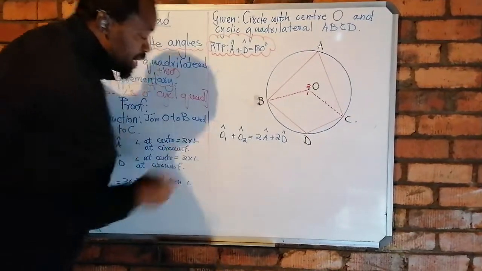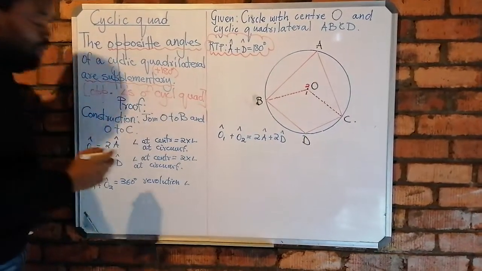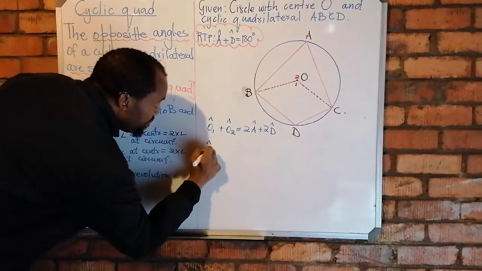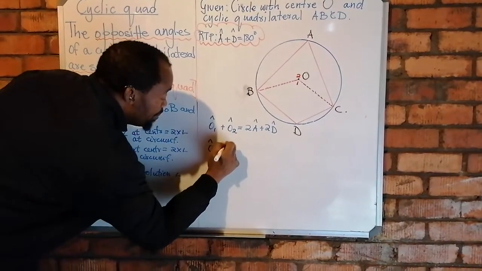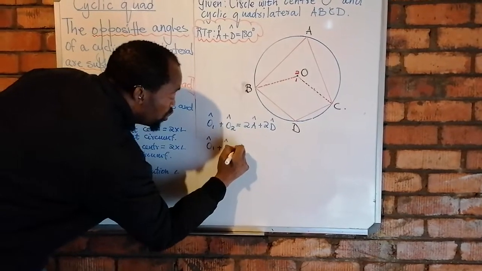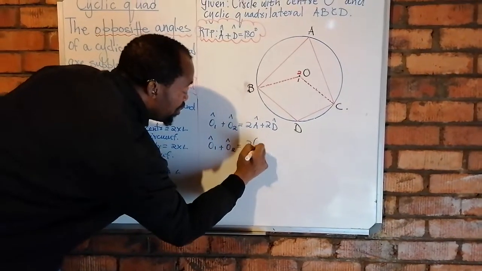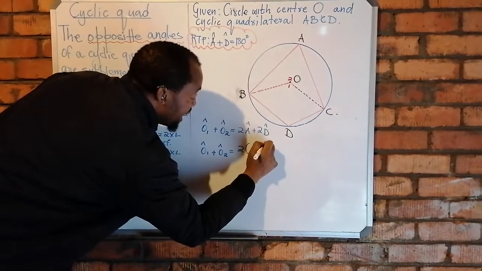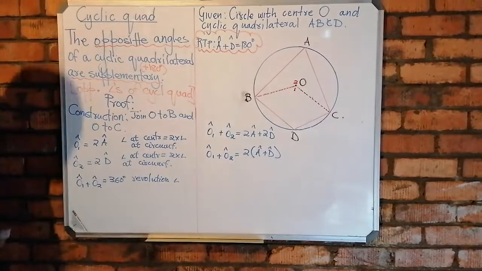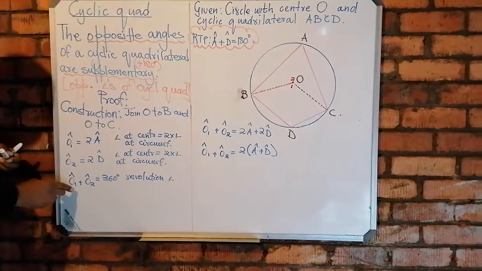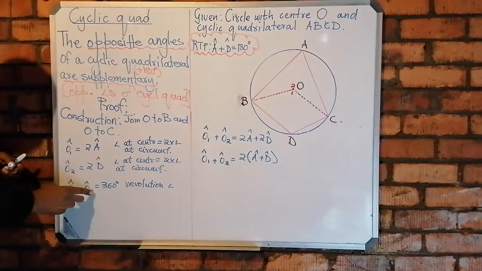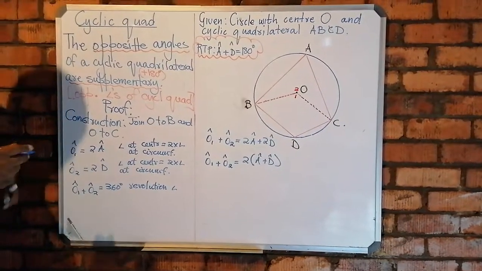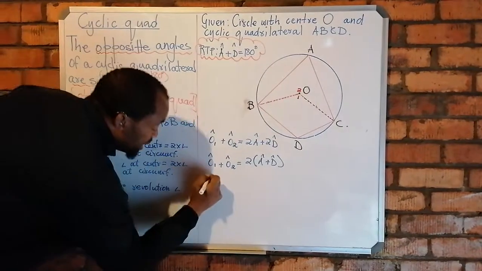There's a 2 there. We can factorize that. Angle O1 plus angle O2 is equal to, we remove the highest common factor, 2 times angle A plus angle D. But now, what do we know about angle O1 plus angle O2? We said it was 360 degrees.